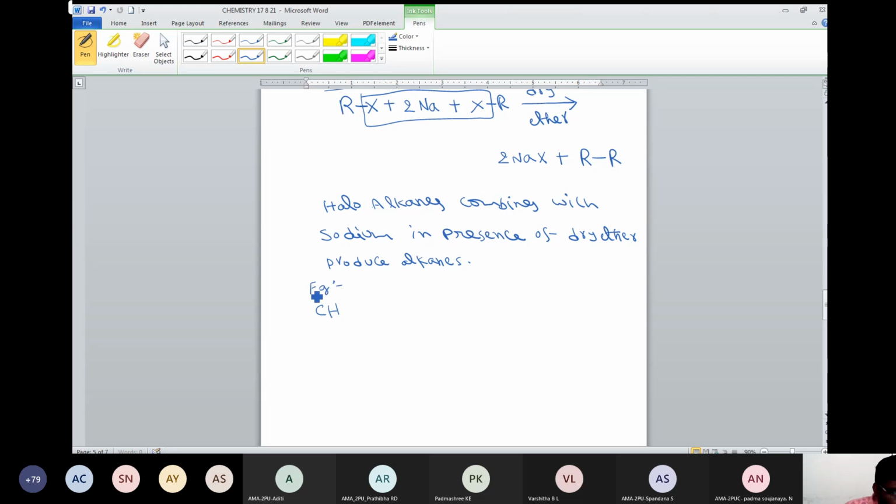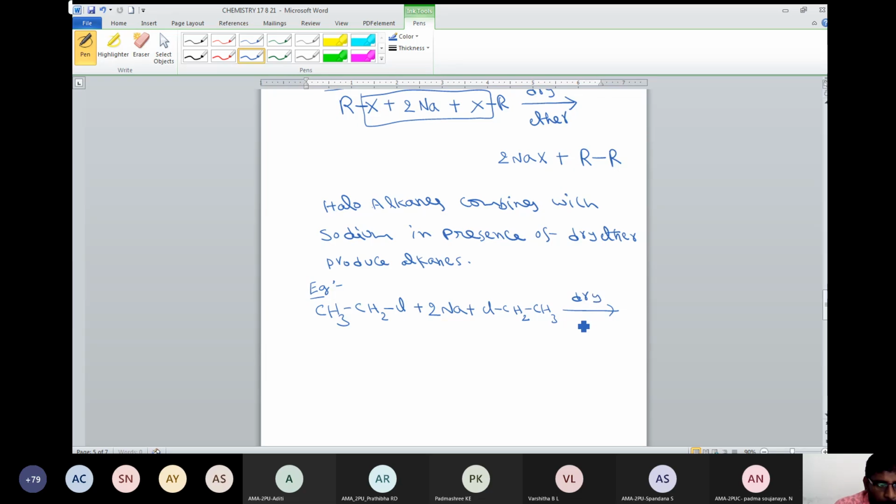Examples: CH3CH2Cl. It is a haloalkane. It combines with how many sodium metal? 2 sodium metal plus another haloalkane, ClCH2CH3, in presence of what catalyst?